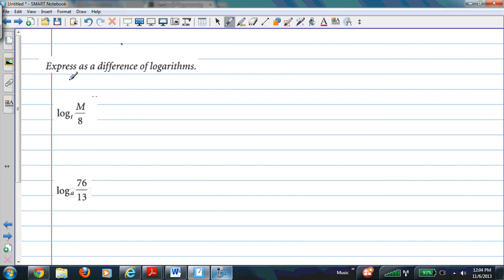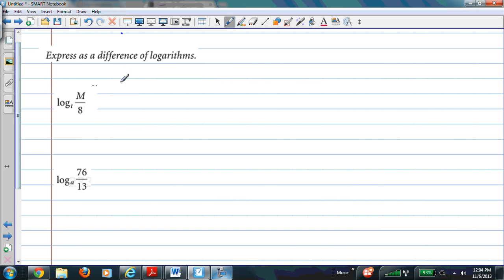Here are a few more examples. Express as a difference. So that's just using the quotient rule. When you have a logarithm of a fraction, of a division, just like with the exponents, we will subtract the logarithms. That becomes log base t of m minus log base t of 8. And that's it. So here's a single log expressed as a difference.